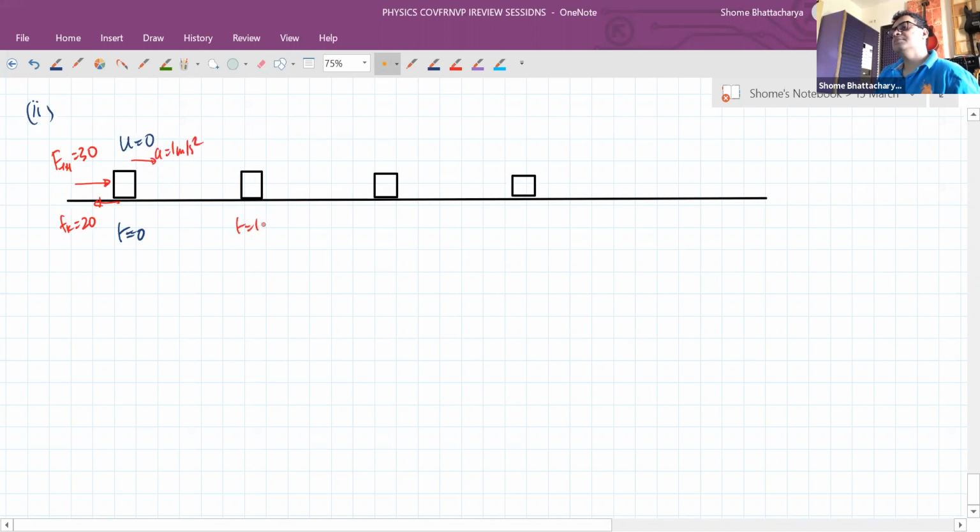At some general time t, but t is less than 10 seconds, it's having this acceleration. So by now it will have a velocity of kt. By the time we come to t equal to 10 seconds, the velocity has become 10 meters per second. But the moment 10 seconds occurs, what is happening? We are withdrawing the external force.